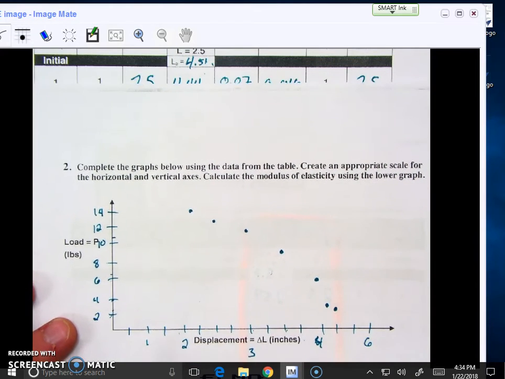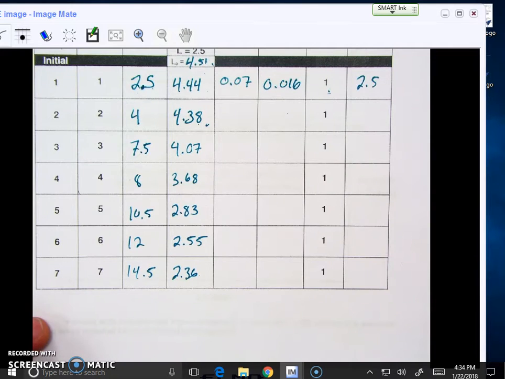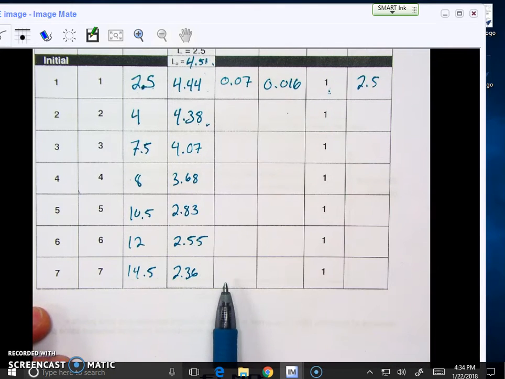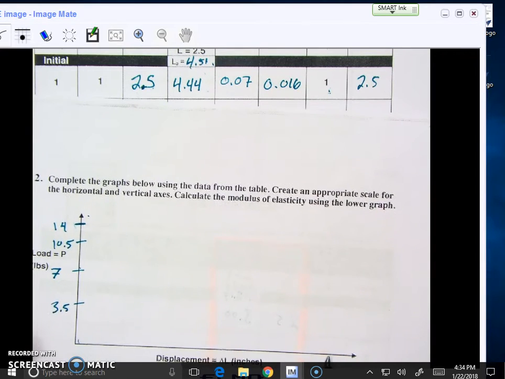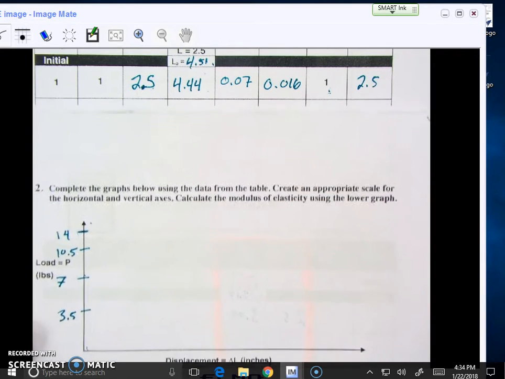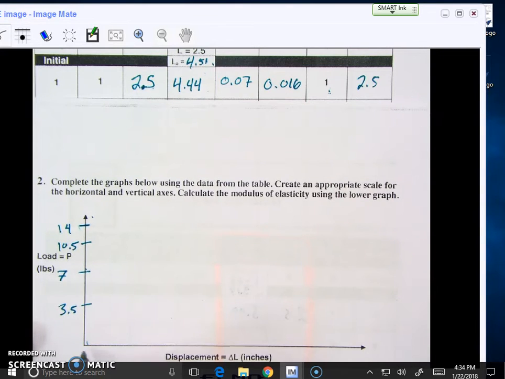And then you have to do the same thing for displacement. Figure out what your smallest and largest displacement is going to be, and that's what you use along the axis down here. So again, this is going to be going from something relatively small to something relatively large.